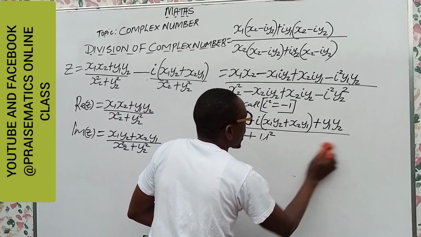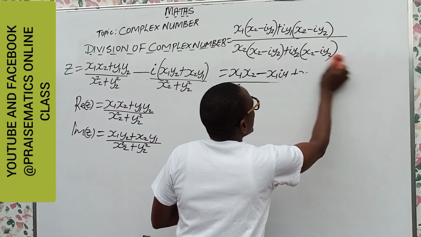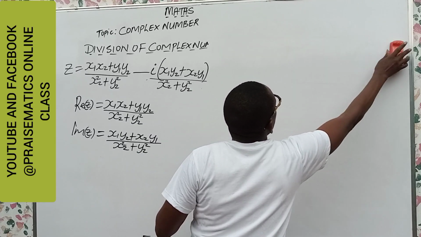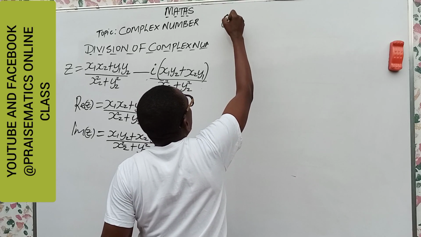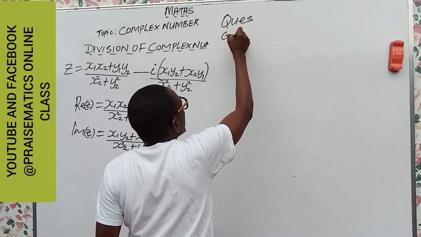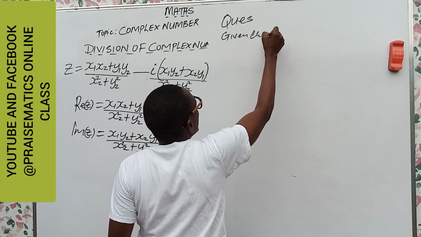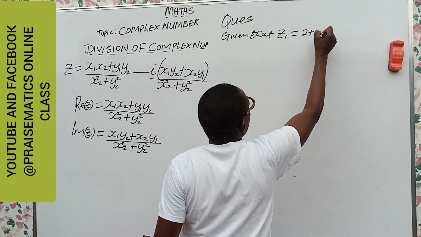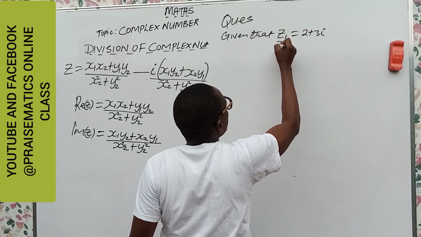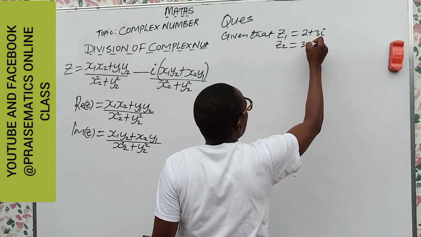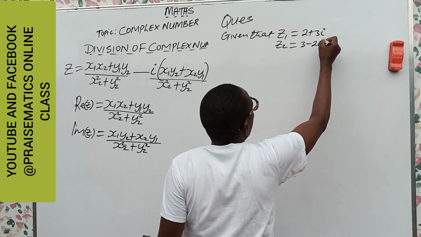Okay. Let's look at the example. How do we solve this question now? Question 1. Given that Z1 equals 2 plus 3i and Z2 equals 3 minus 2i.